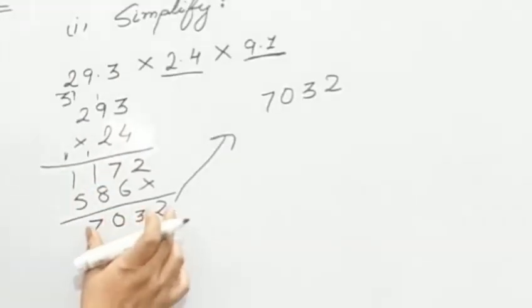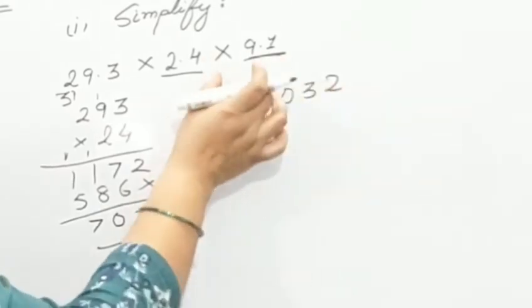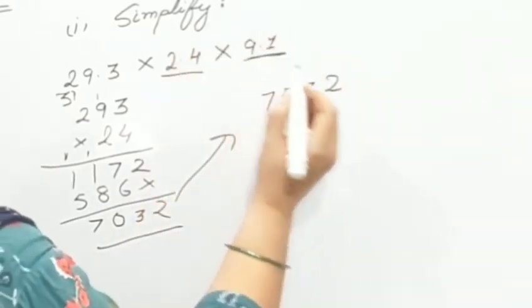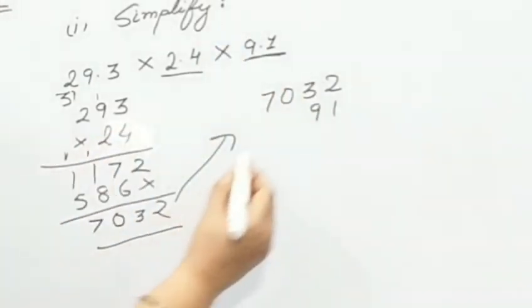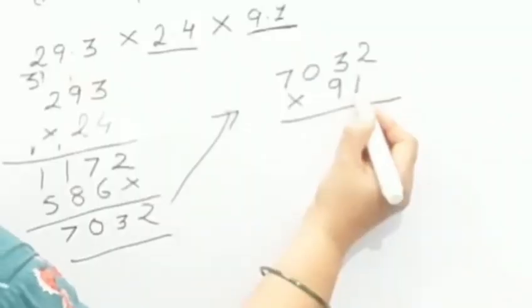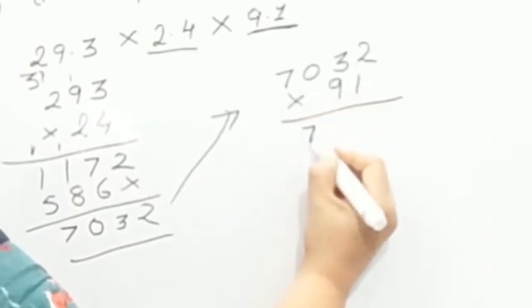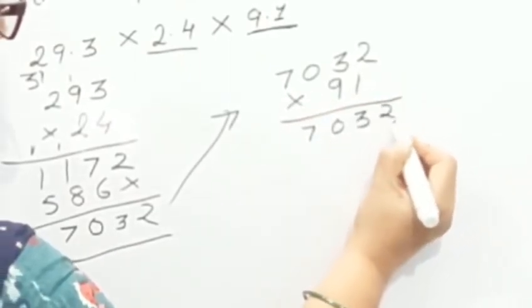The next step, bring this product here and multiply by the third decimal number, assuming it as a whole number, meaning no need to bring the decimal points down. So let's proceed. When you multiply by 1, the product is the number itself. Then move on to the next step.